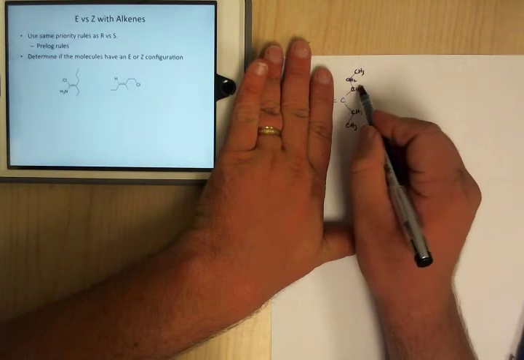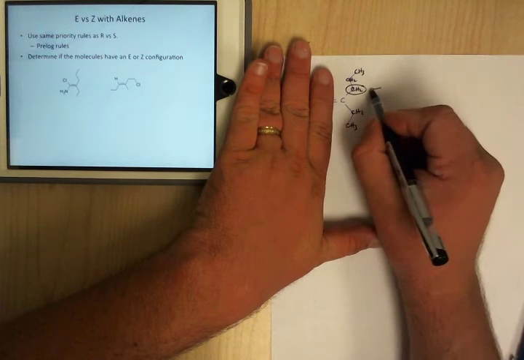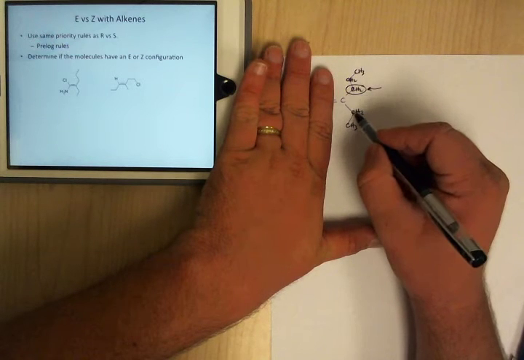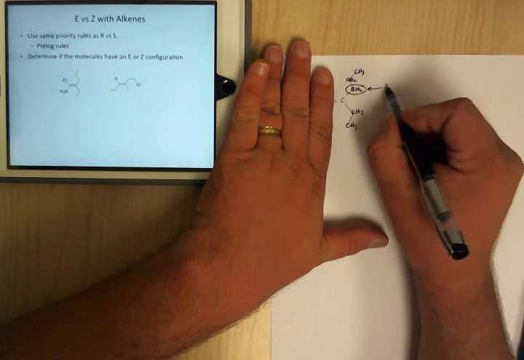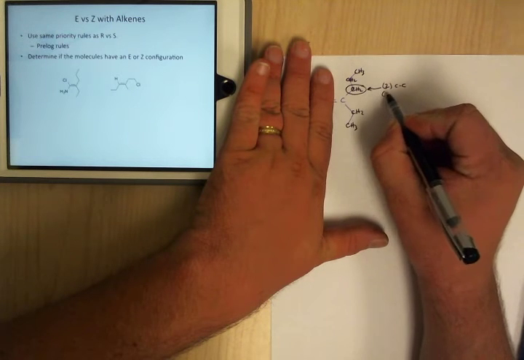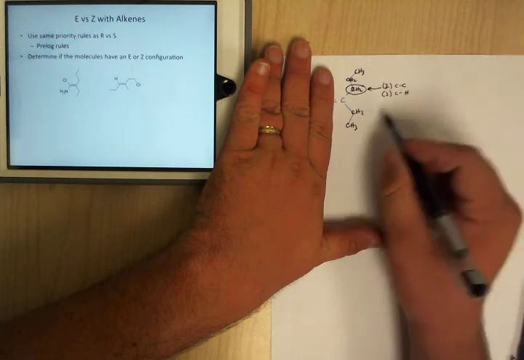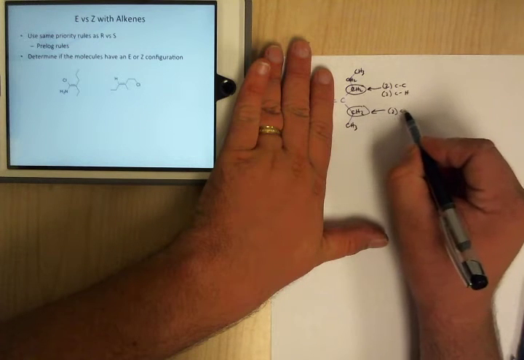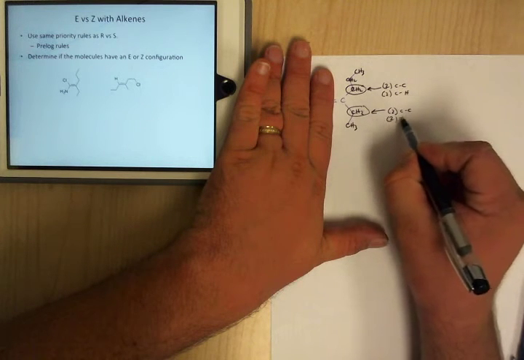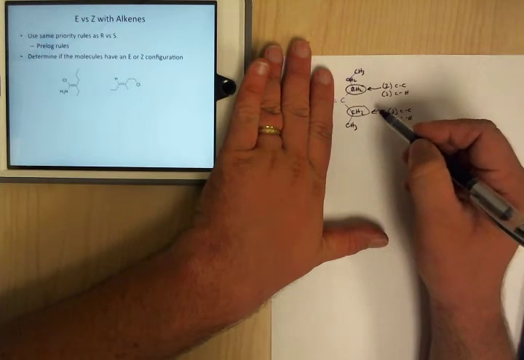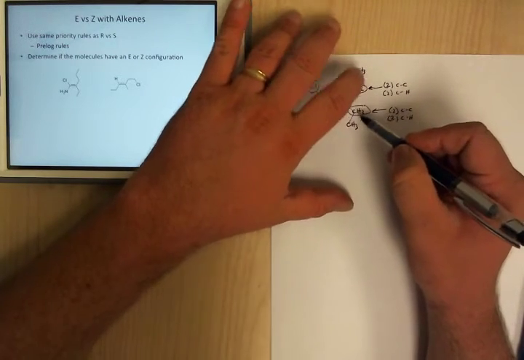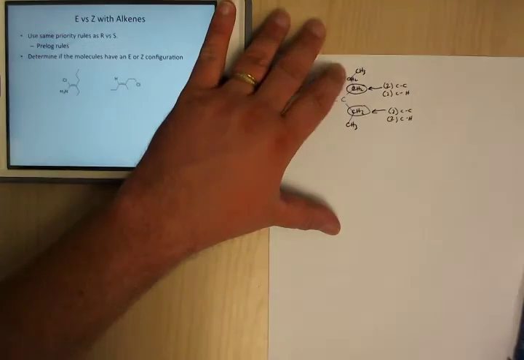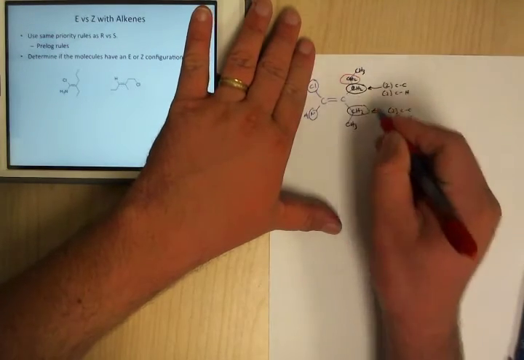Okay, so this guy here. It's a tie, carbon versus carbon. This one has two carbon-carbon bonds and two carbon hydrogens. Same goes with this one: two carbon-carbon, two carbon hydrogen. So it's still a tie. When we get a tie, we go one further out. So we compare this one with this one.